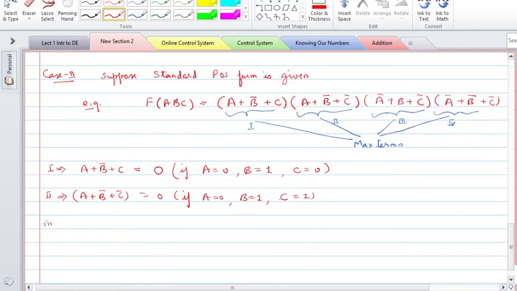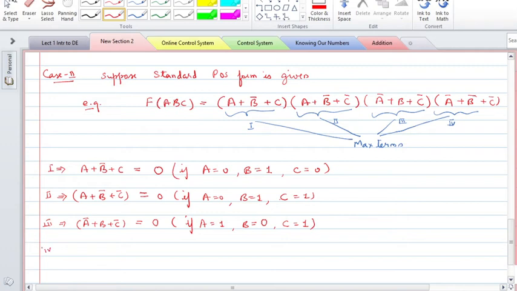Similarly, for the third term, that is A bar plus B plus C bar. This will be 0 if A is equal to 1, B is equal to 0 and C is equal to 1.